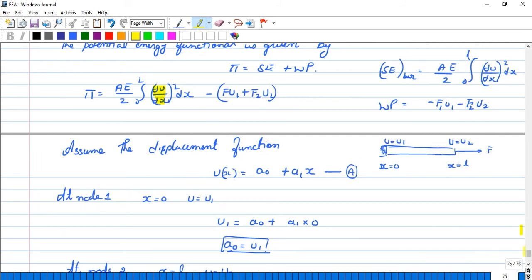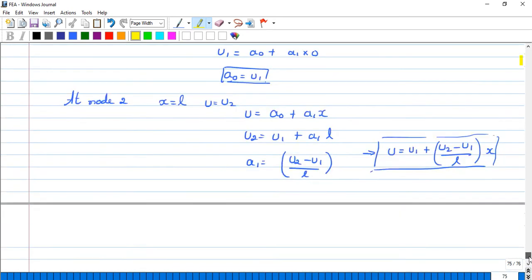So let me differentiate. If I differentiate u is equal to u1 plus (u2 minus u1) by L into x, I obtain dU by dx equal to, u1 will be 0, remaining is (u2 minus u1) by L. Okay, so this will be the differentiation. Let us substitute this equation in the potential energy functional.